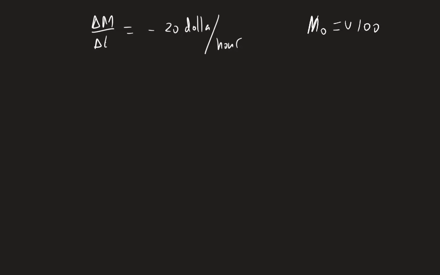The change in your money per unit of time is minus $20 per hour, and you start with an initial amount of $100. What will happen is that your money is going to decrease. It's going to be less and less.